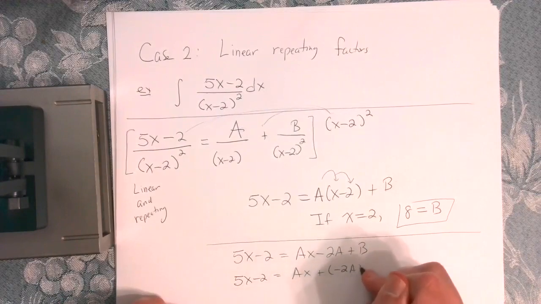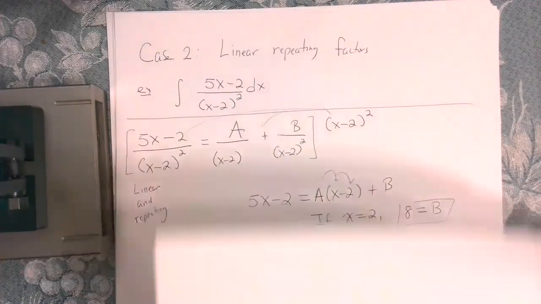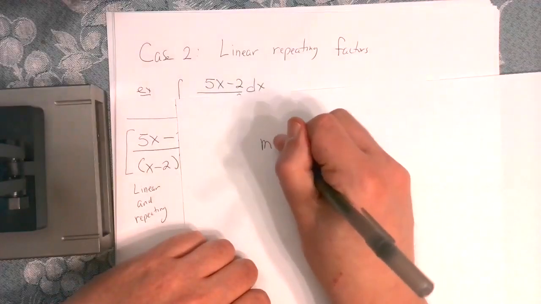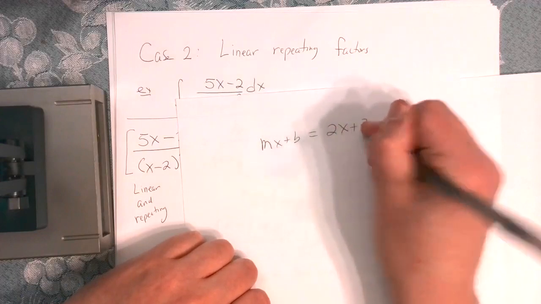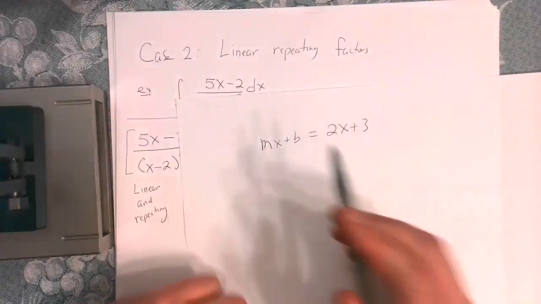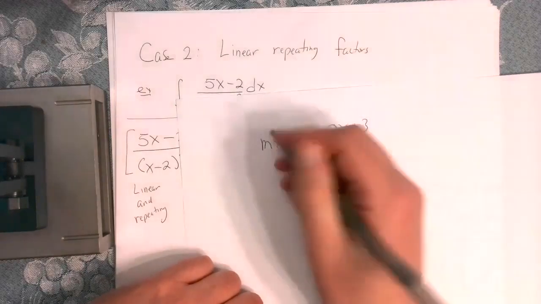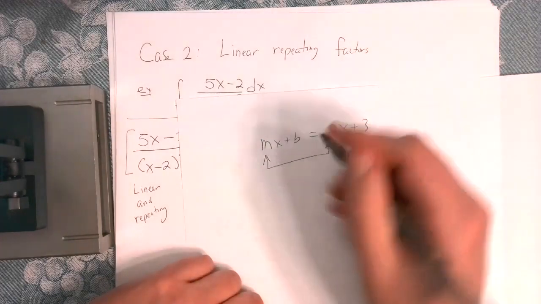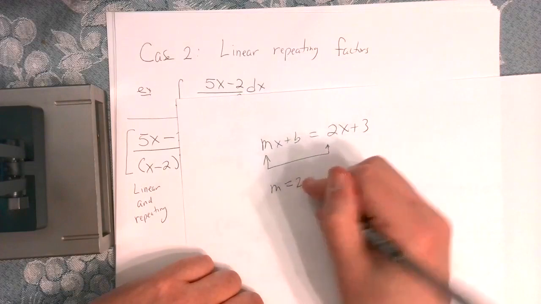Let me show you what I mean. If that's confusing, just think of the following. If I told you that mx plus b is equal to 2x plus 3, you would have no problem saying that m is equal to 2 and b is equal to 3. That's what I mean by equating coefficients. If these are really equal polynomials, then they're equal coefficient by coefficient.